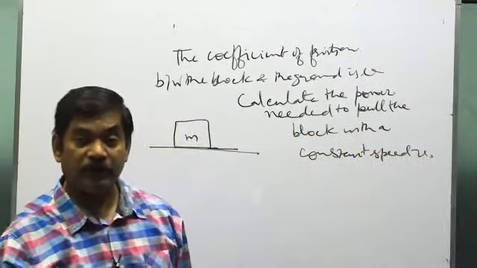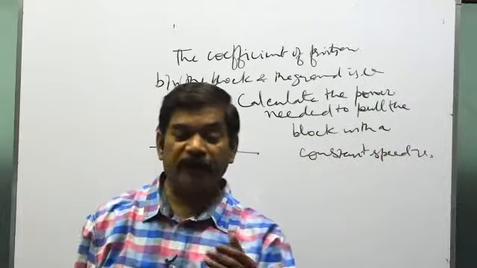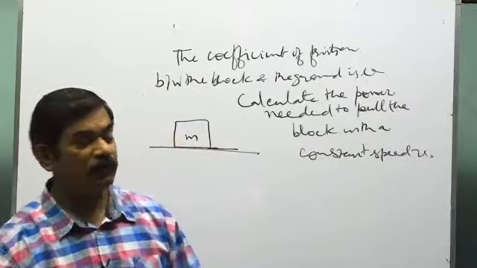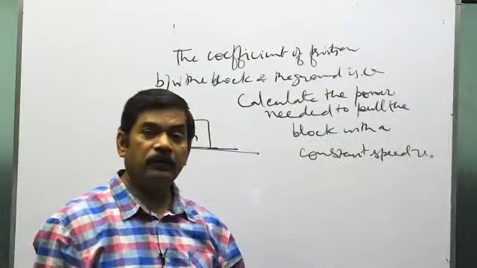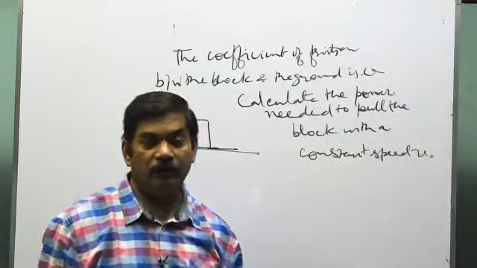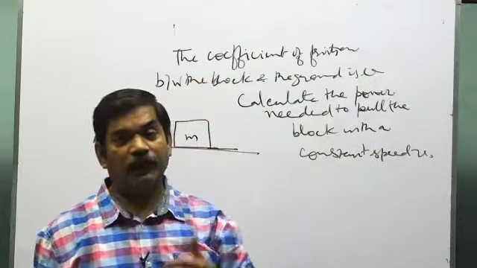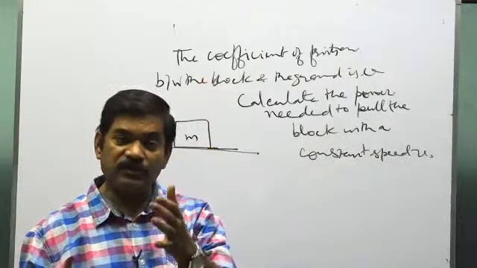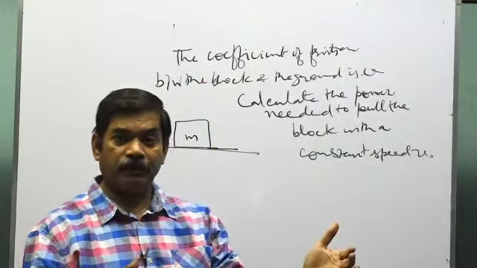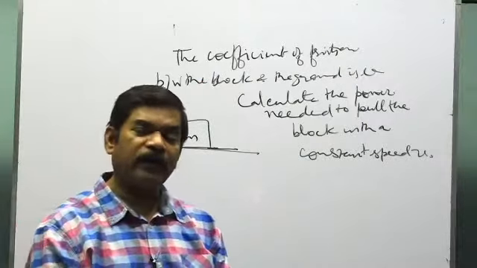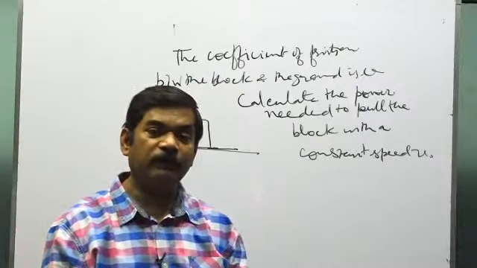No force is given, neither is the time interval. So first of all, because the time interval is not given, you can very well understand that this is a question of instantaneous power. If a time interval is given, then the work done can be calculated in that time and divided by that time to get the average power.